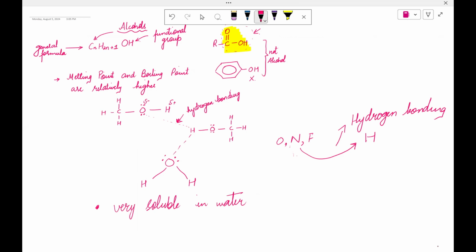Is that clear? Yeah. The reason is quite simple, because alcohols develop hydrogen bonding with water.